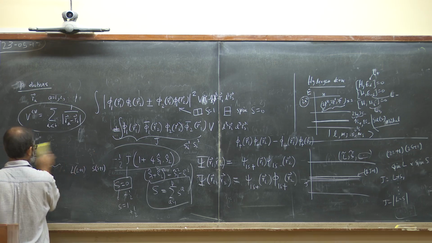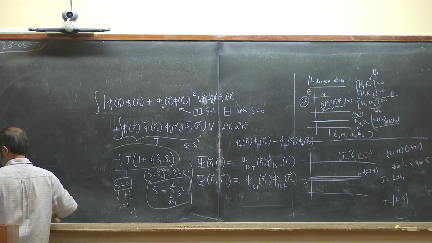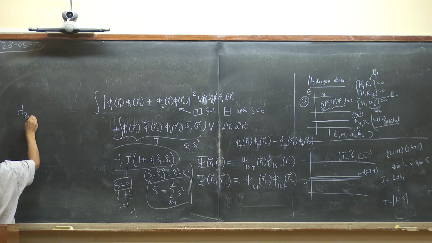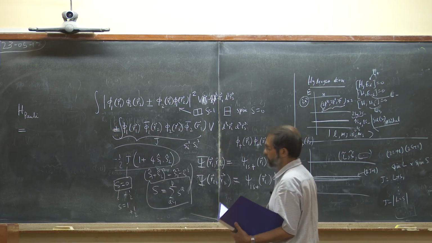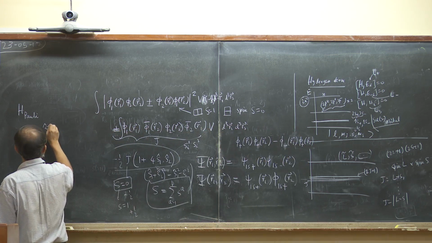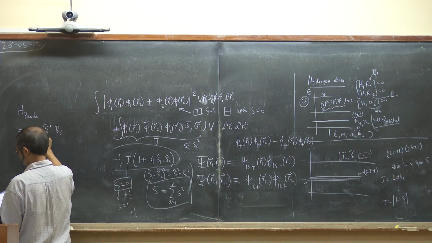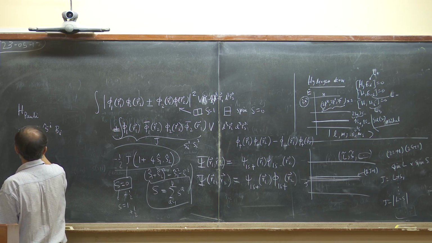Let us say that if you have interactions with external magnetic fields, then the interaction of a non-relativistic electron with an external magnetic field was written as follows, for a single electron, let us say. Here i is the vector index 1, 2, 3.